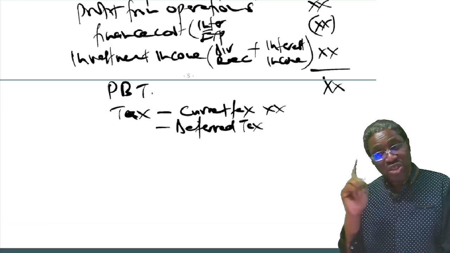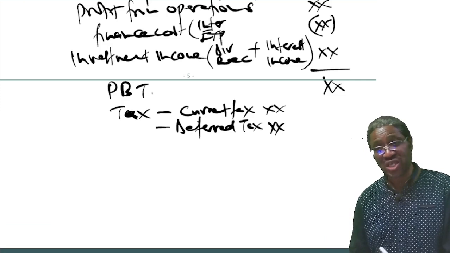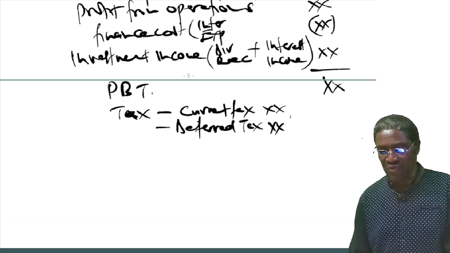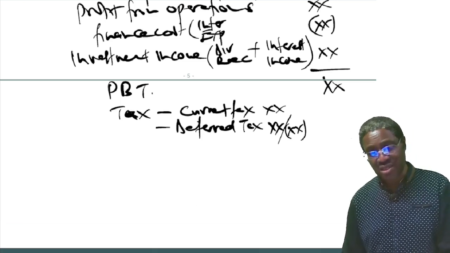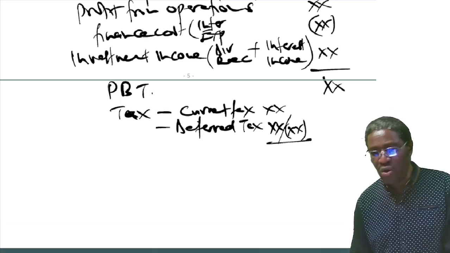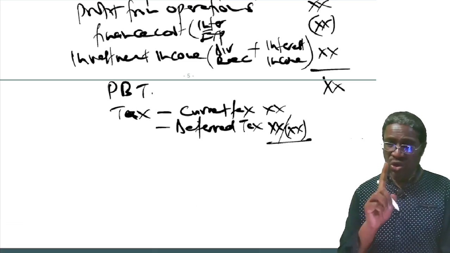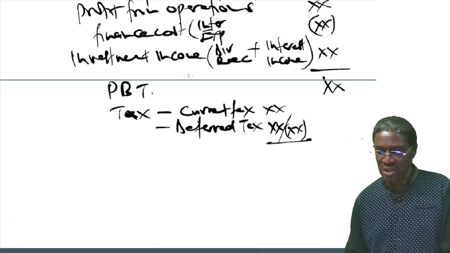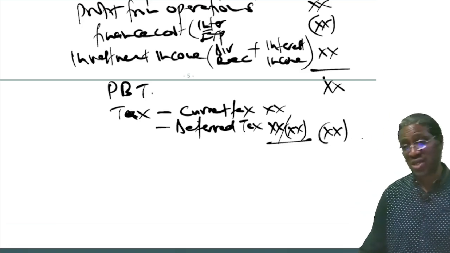So if we shall be adding it, then we add it to the amount of the corporation tax or current tax. If we shall be deducting it, then you deduct it from the amount of the current tax so that you get what we call the net tax expense.